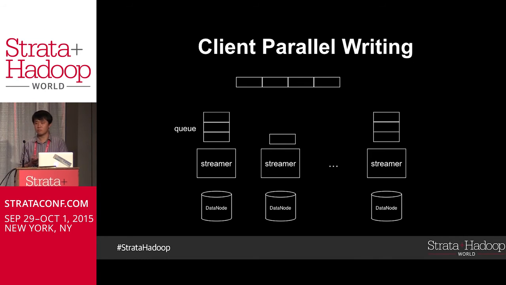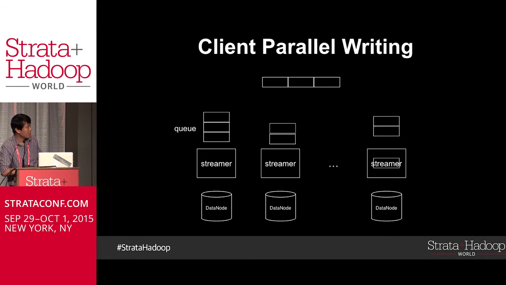Each streamer corresponds to one data node. It's responsible for writing the data in its own queue to its data node. This is a very simple producer-consumer model. So the client is responsible for distributing the chunks, and the streamer is responsible for writing the chunk to the storage server.